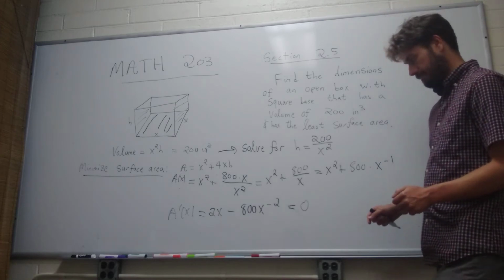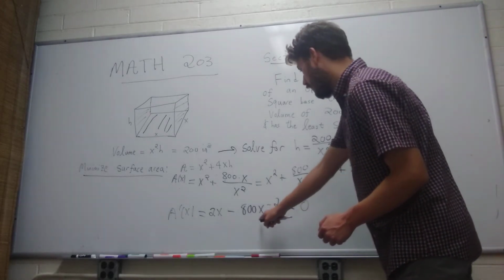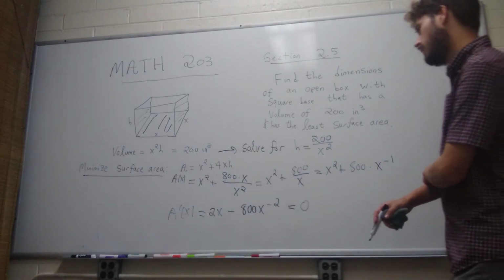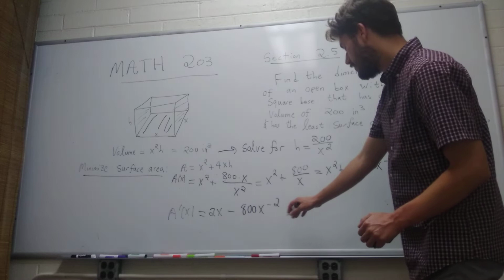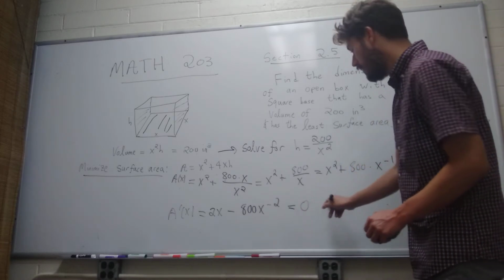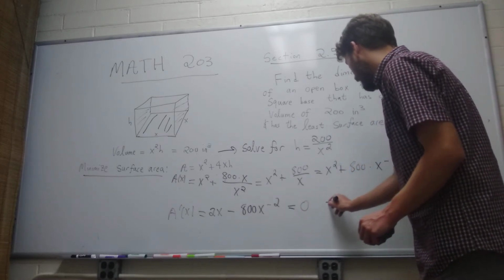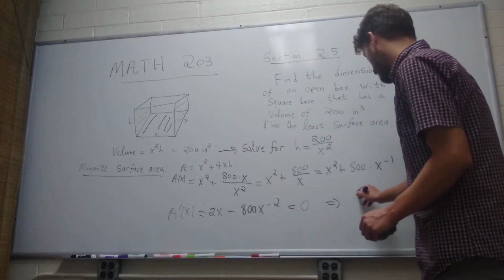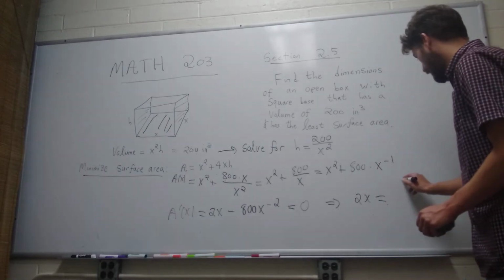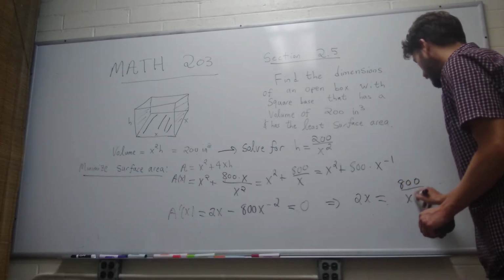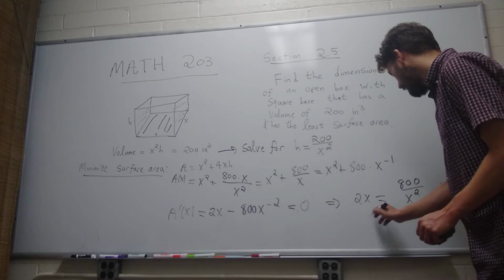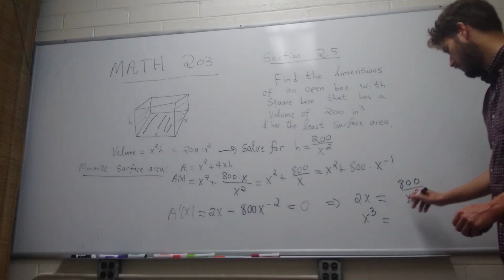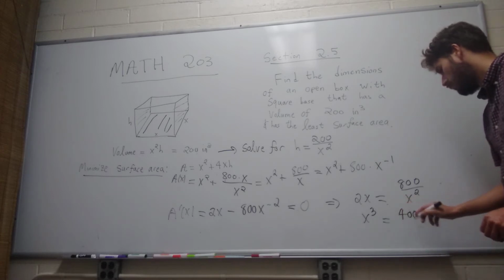What happens when we set this equal to 0? We can solve this for x, we end up with 2x equals 800 over x squared, or x cubed is equal to 400.